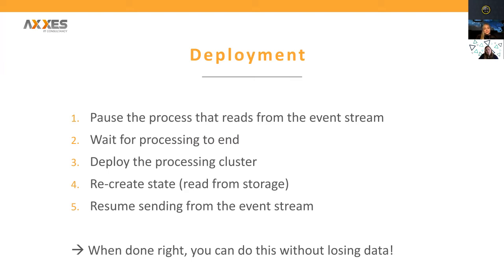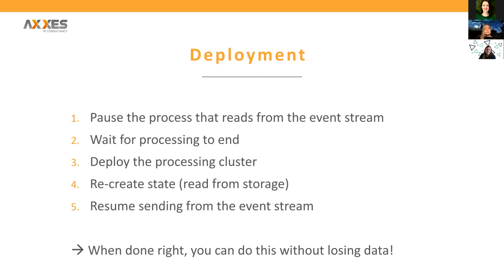Now, all this state will have to be saved somewhere. So that's something you're gonna need to think about: how are we going to do this and not lose anything if the system recycles? And then after you have recreated your state, you can resume the sending of the messages from the event stream, and everything will continue as if nothing ever happened. And this is the goal.